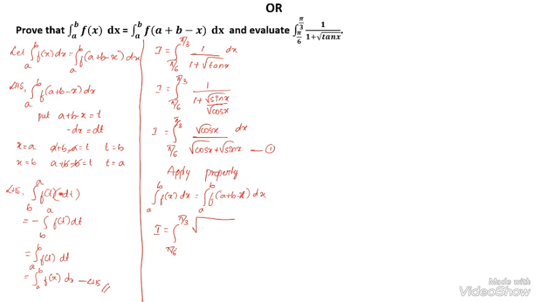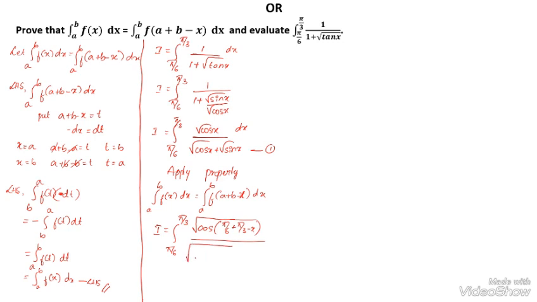Here the limit points change. Using the property, a to b becomes pi by 6 as the lower limit and pi by 3 as the upper limit.